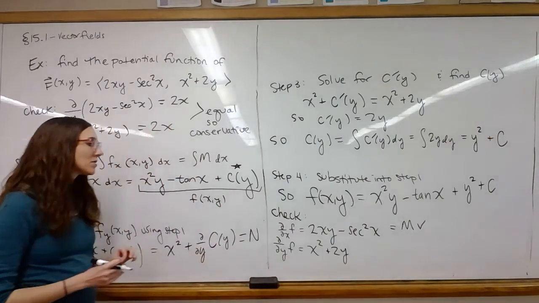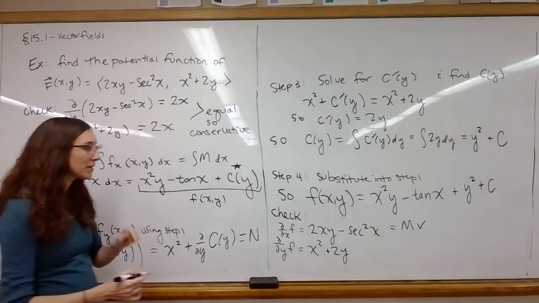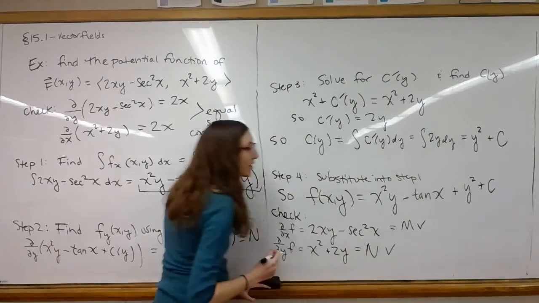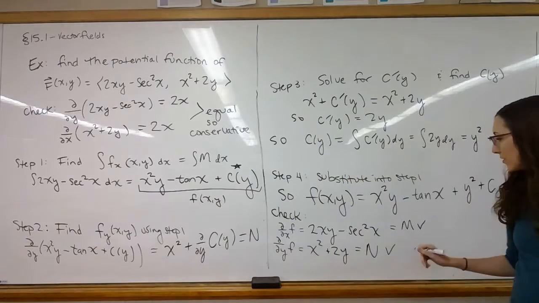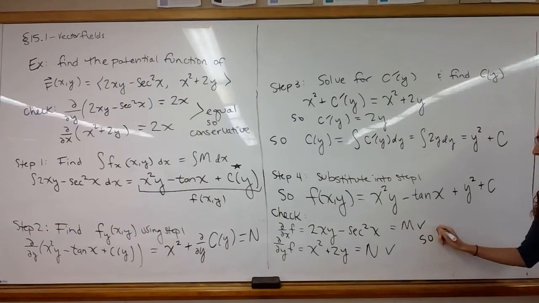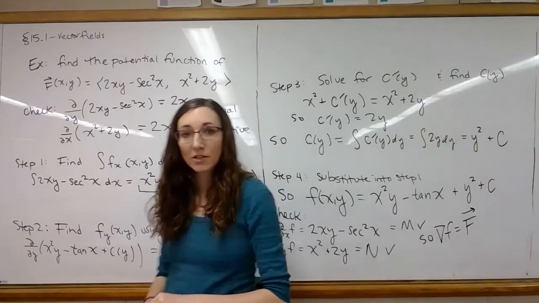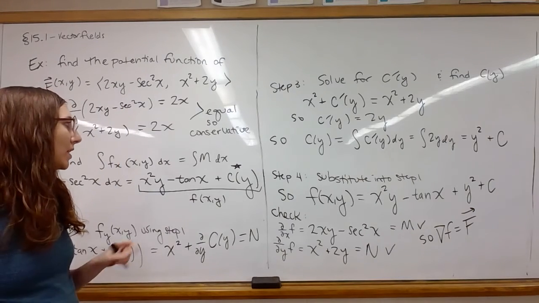So then we're checking x squared plus 2y, which is indeed my N component. So we've confirmed that this is correct. So the gradient of f is indeed my vector valued function, capital F, which is excellent.